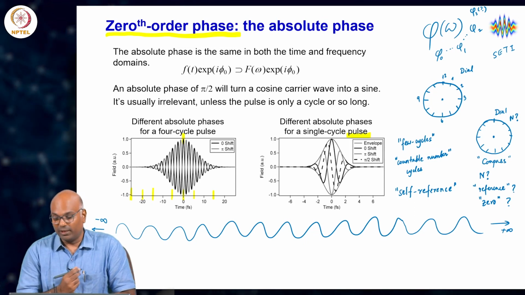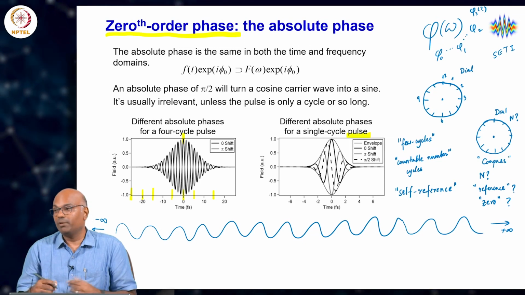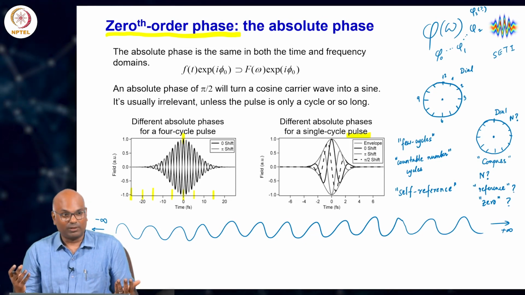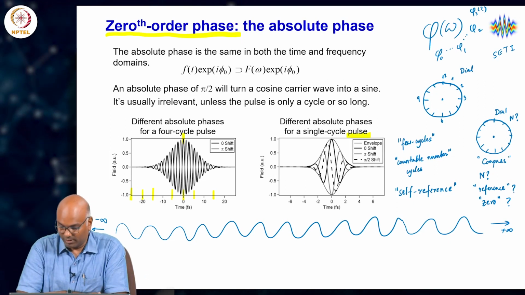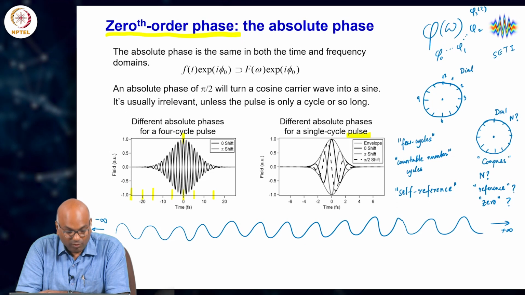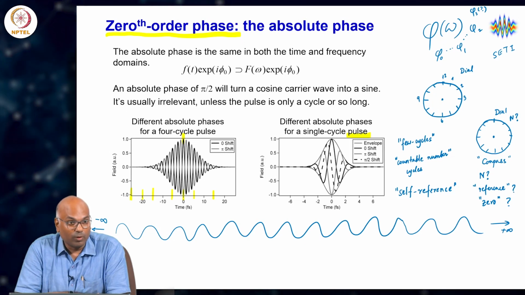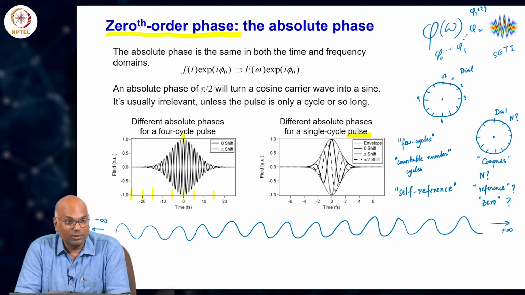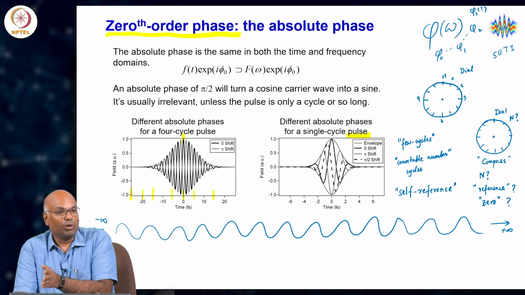Or as one of the pioneers in this field, Wayne Knox, says, if you haven't measured it, you haven't made it. You don't even know if you made a short pulse. So the message is clear, that it has to be self-referenced. Fortunately for these well-behaved pulses, if they are Gaussian or close to Gaussian, or waveforms that deviate from a Gaussian, yet I have a reference point, it is close to a Gaussian or a secant hyperbolic.